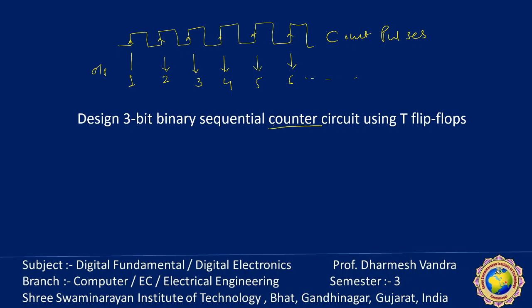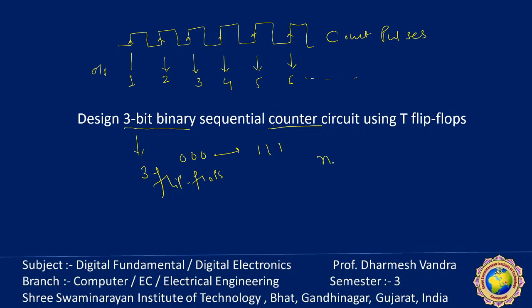A counter may follow the straight binary sequence, which is simplest. We will take the simplest, that is binary. It simply follows the binary sequence 000 to 111 because we are considering 3-bit binary. Remember that for an n-bit binary counter, here 3 bits, how many flip-flops are required?